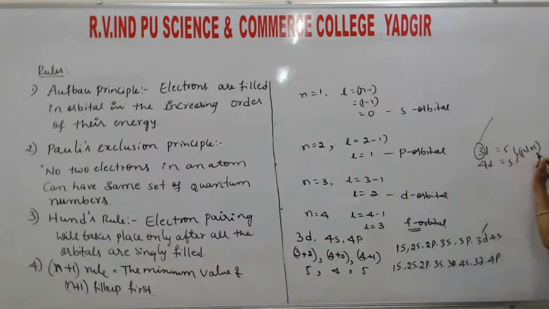In these two cases, n value 3 is less than 4, so the one with the least n value is least in energy. This is the order of the configuration.